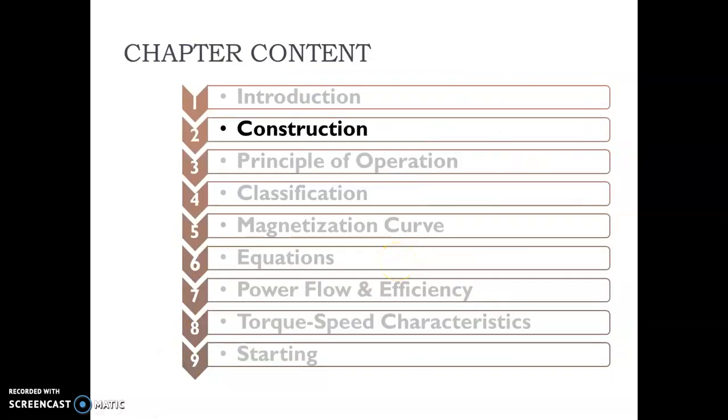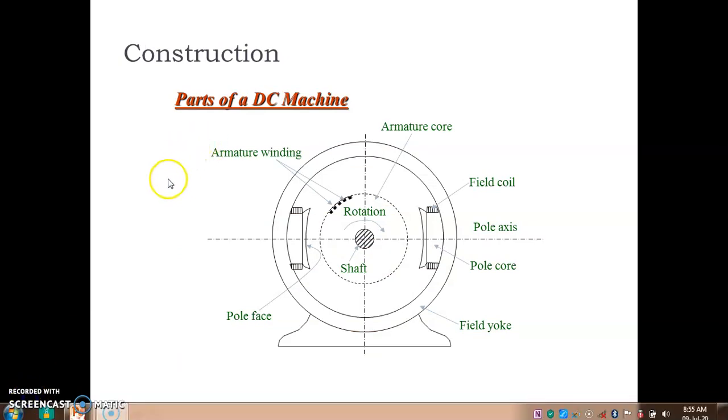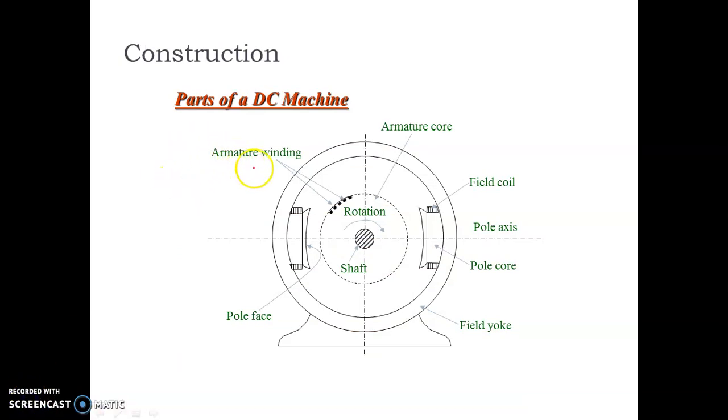Now I will discuss the construction of a DC machine. Now the construction part. You see, this is a DC motor. Here this portion is a stationary part.